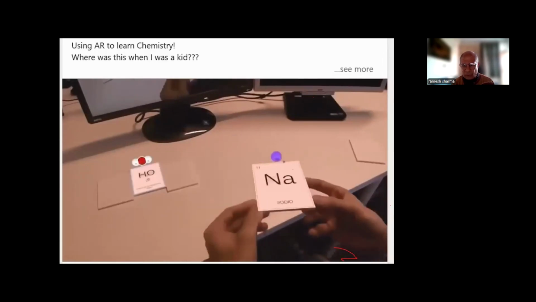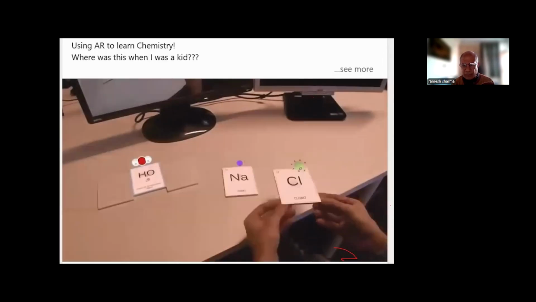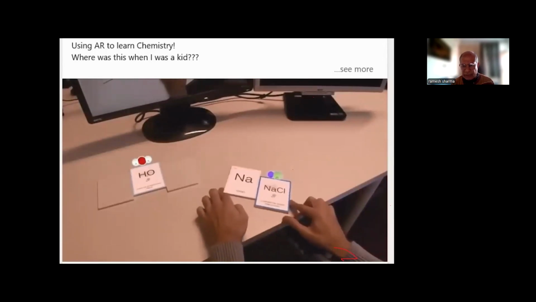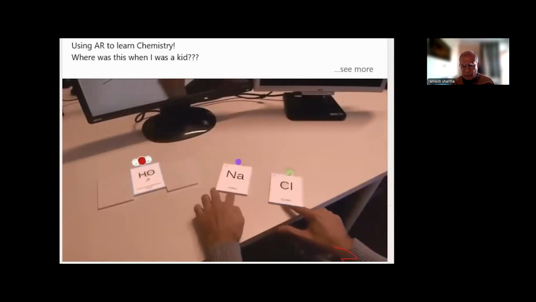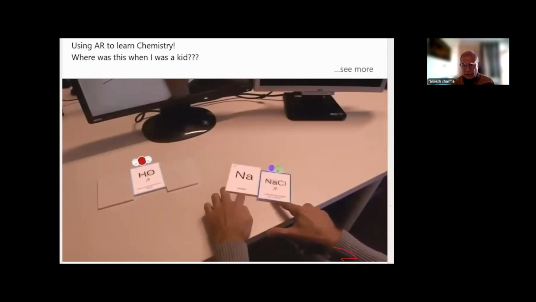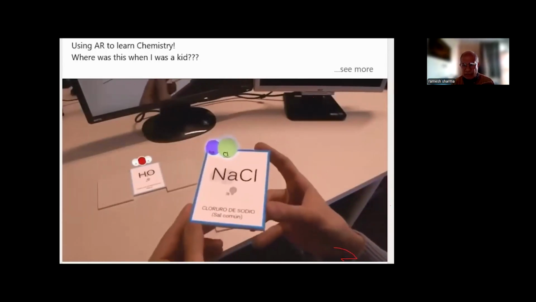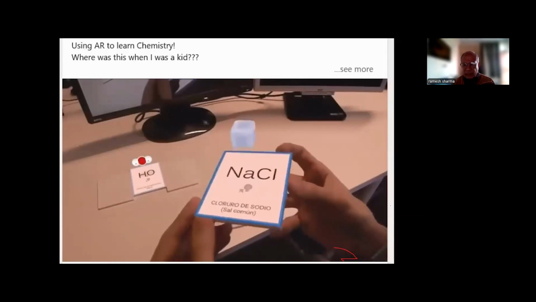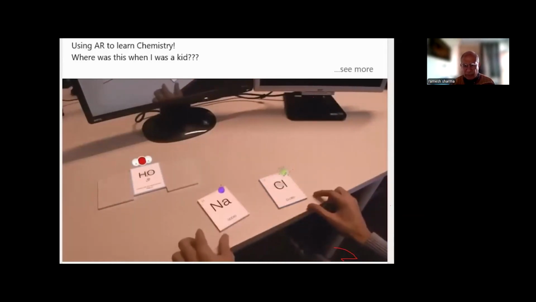And similarly, sodium, and this is chlorine. So together, when it mixes, it makes sodium chloride, the common salt. So using augmented reality applications, you can make science teaching very interesting.